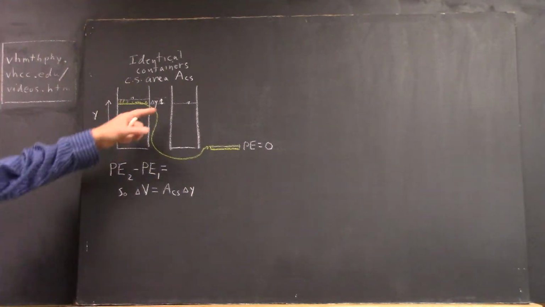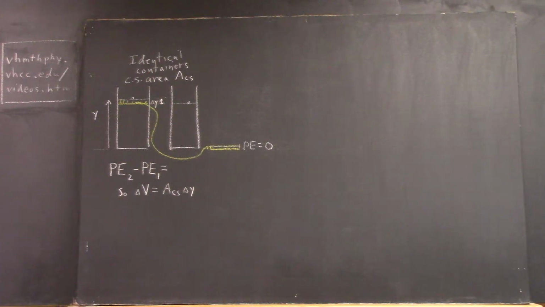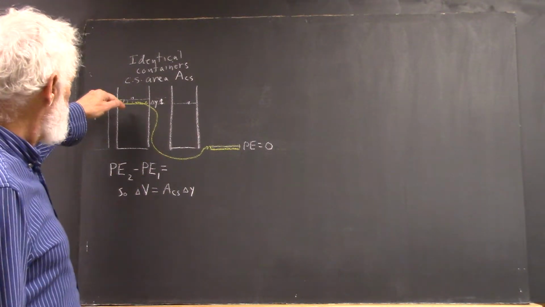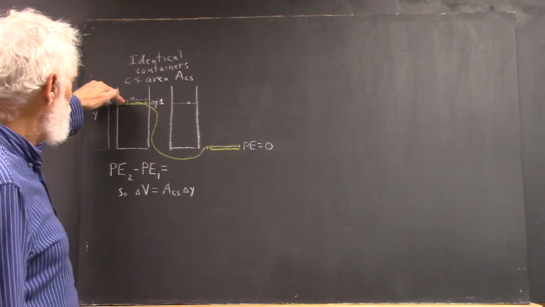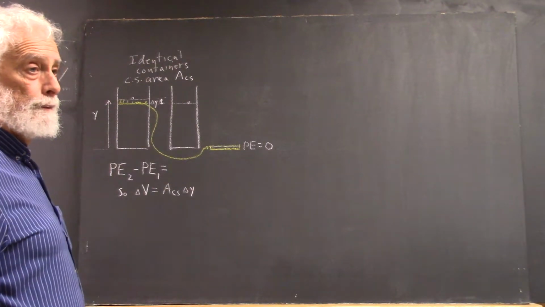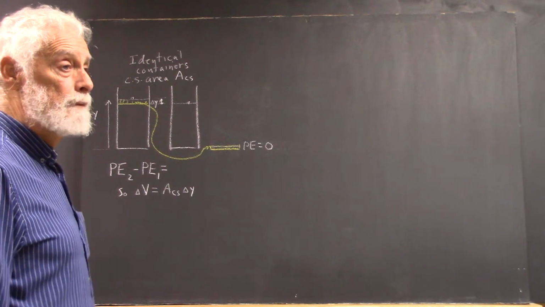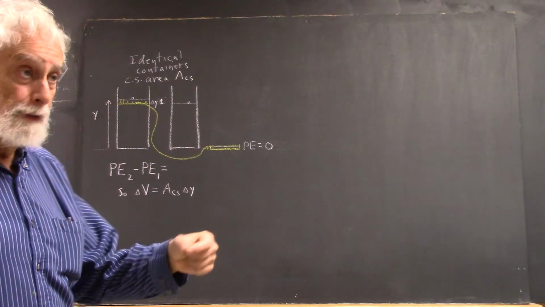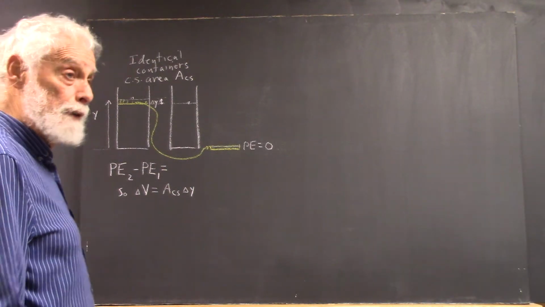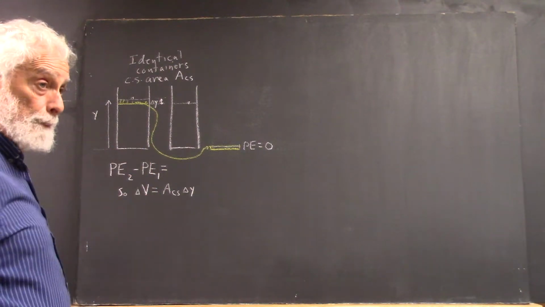Let's assume it's a thin chunk, a small delta Y. Then how much potential energy change is there related to moving the water from here to here? It would be the volume times the density times the acceleration of gravity, times the distance, right?